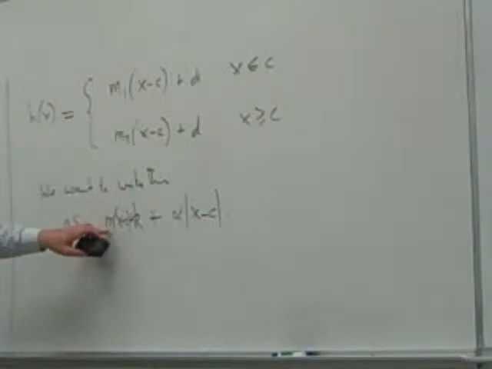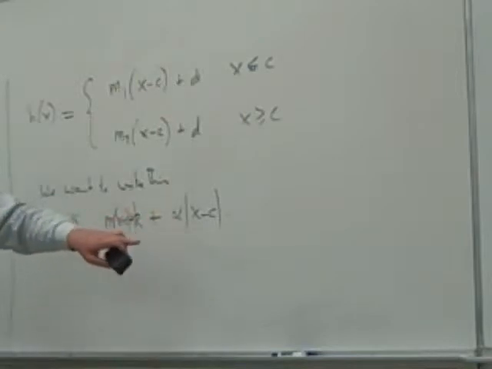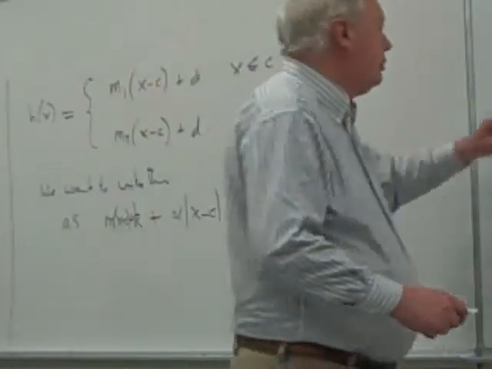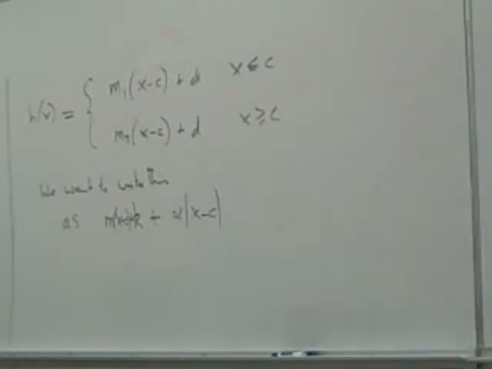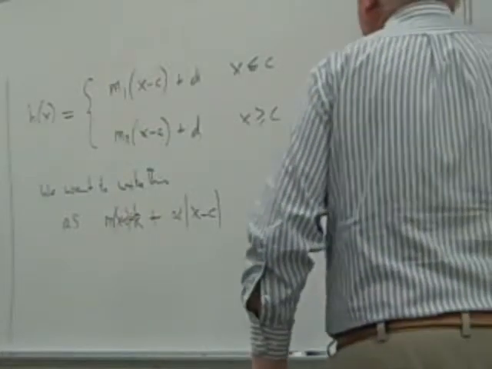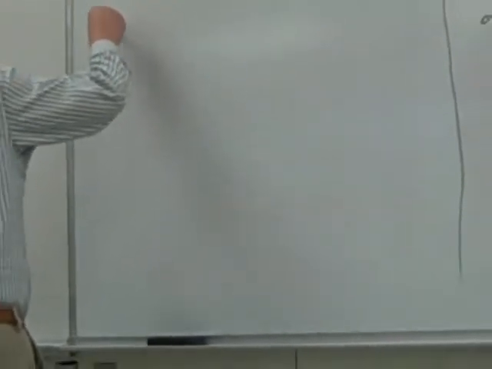Since I have three constants here that I can choose, m, k, and alpha, it should be possible to do this because I'm just matching two halves of the function. So to the left of c, h of x is this.